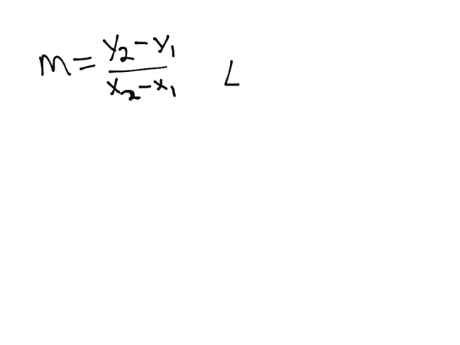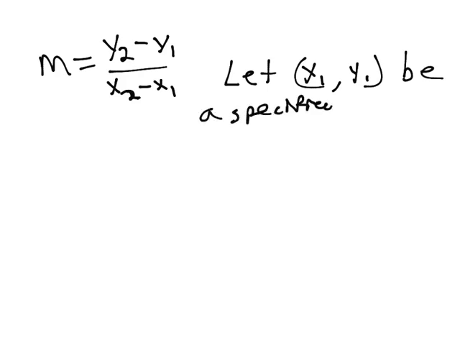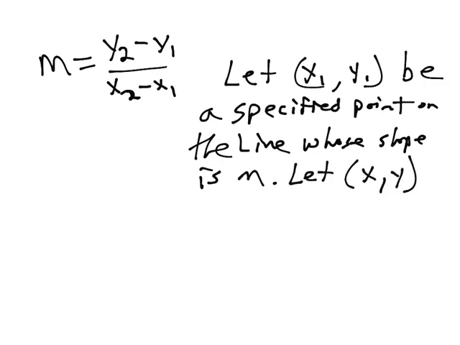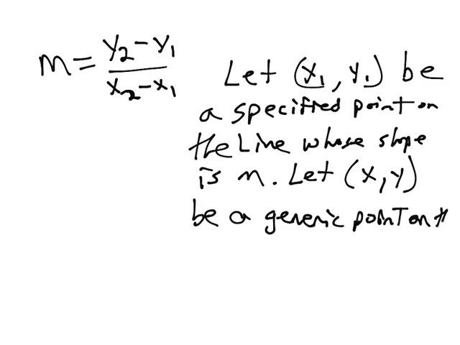Let (x1, y1) be a specified point on the line whose slope is m, and let just generic x comma y, without any numbers, be a generic point on the line.